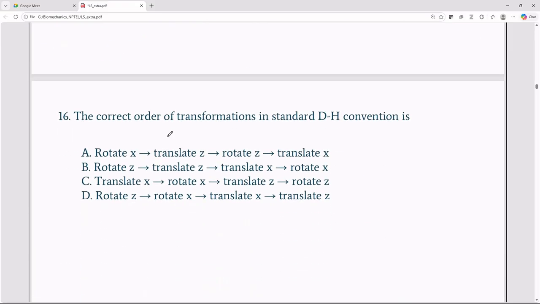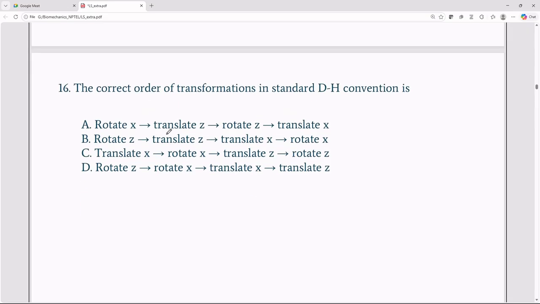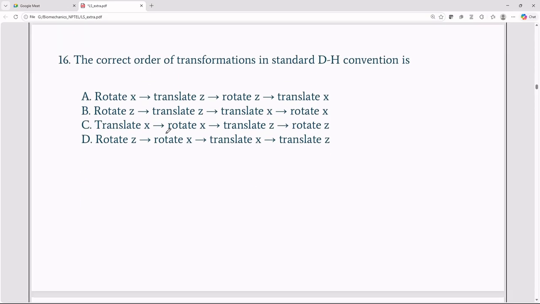The next question. What is the correct order of transformation in a standard DH convention? We have discussed the order of transformation just before. Option A, rotate along x-axis, translate along z-axis, then rotate along z-axis, and translate along x-axis.